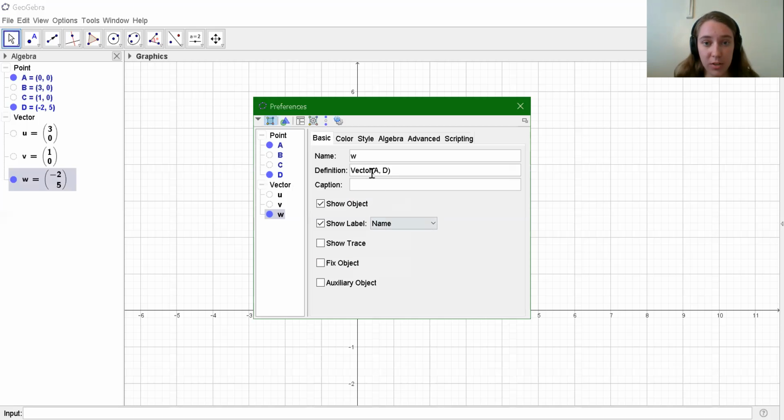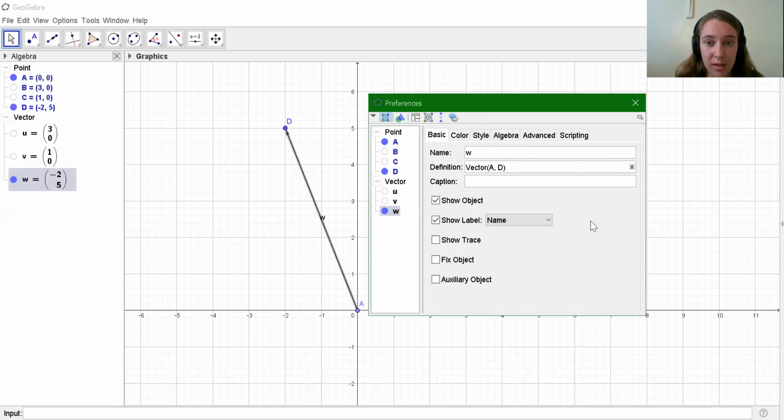Right now it has the vector going from point A to point D. Now, if I just divide each of those points by the square root of 29, and then divide this one by the square root of 29, we get this resulting vector.